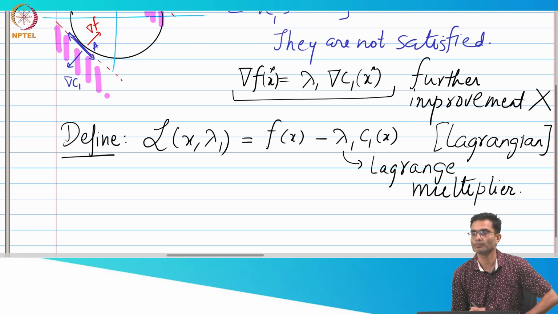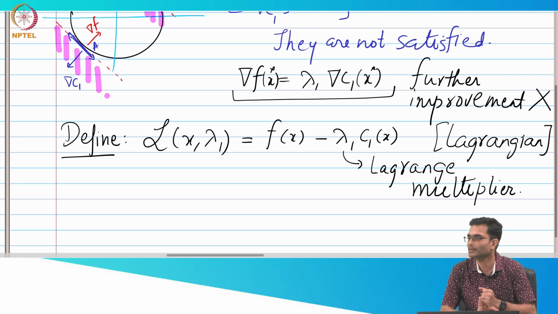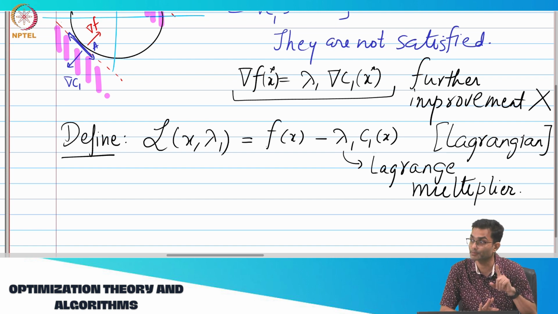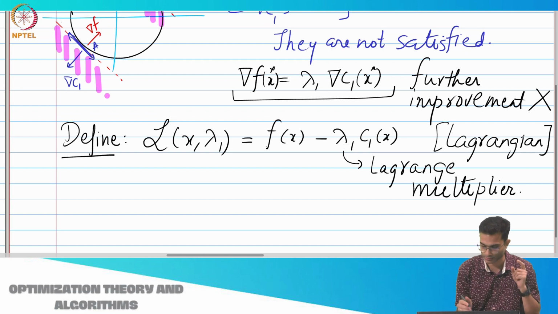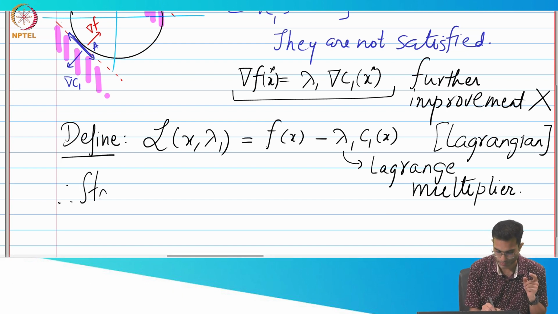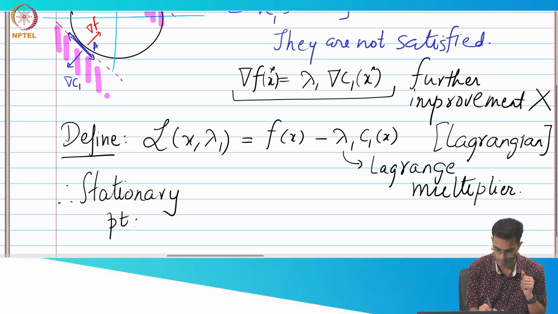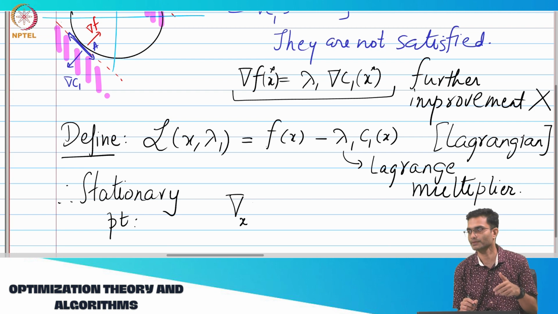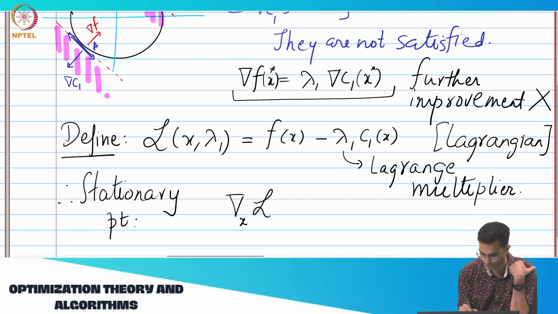Now, if you got the definition of this Lagrangian correct, what is the signature of a stationary point? Grad L with respect to which variable? X, right. So, I will indicate that I am taking the derivative with respect to x by putting it as a subscript.